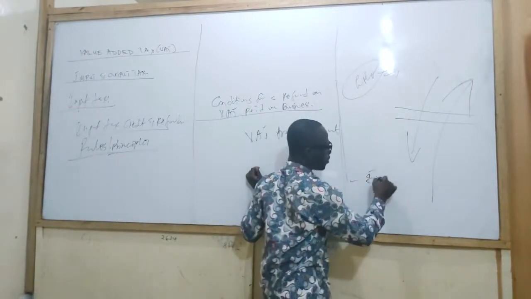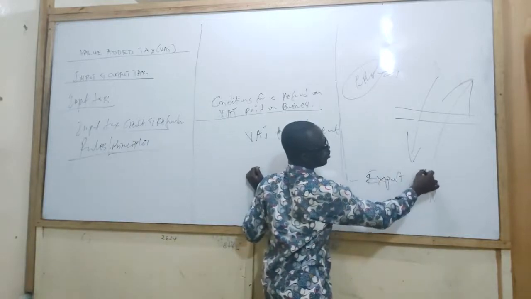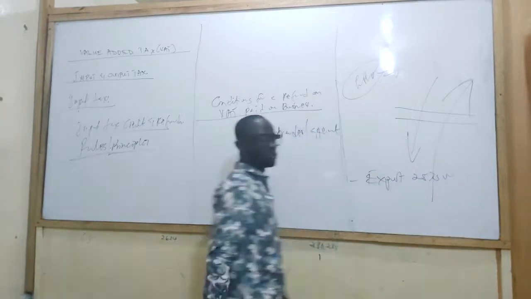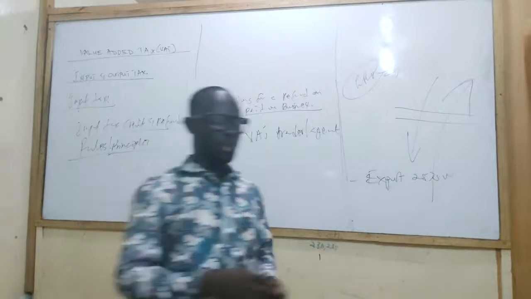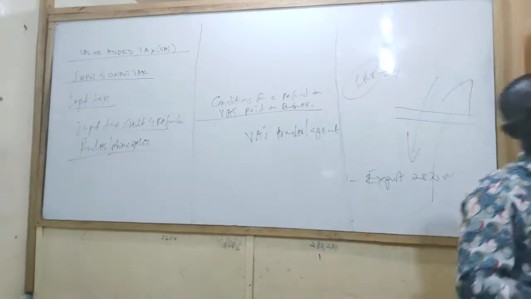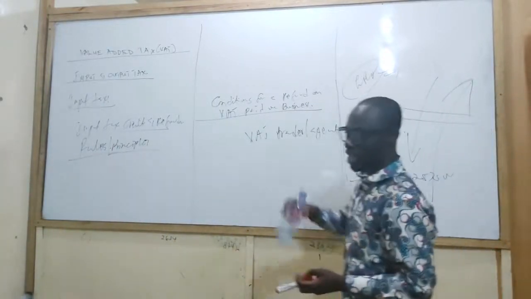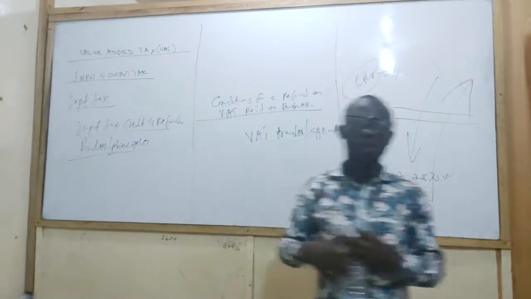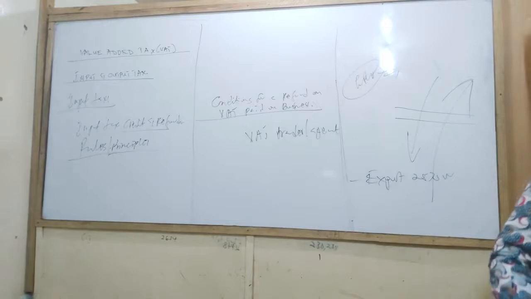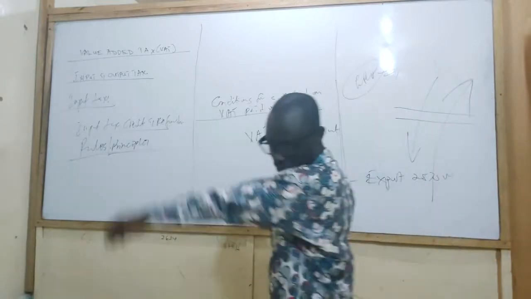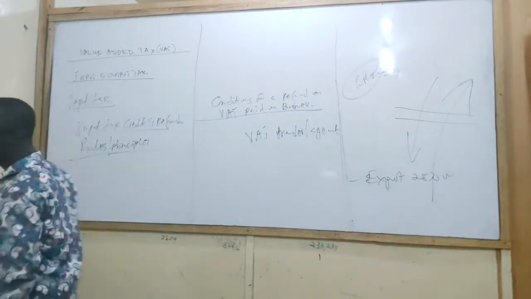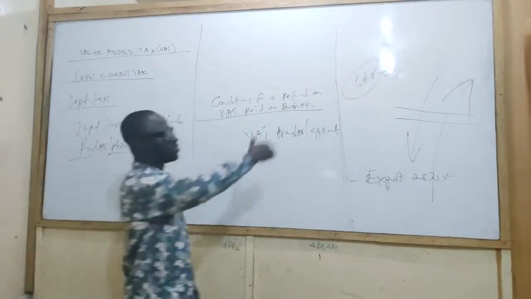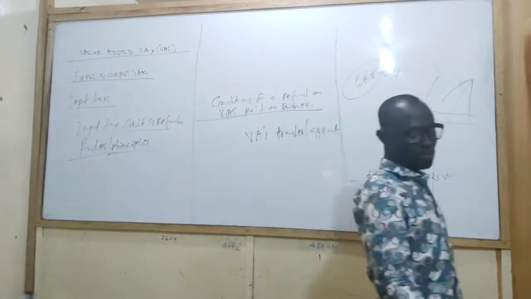So you should be exporting 25% or more of the output. If the business is exporting less than that, then you don't qualify. But why do you think that would be a critical condition in VAT? Why should the government be interested in you exporting more before you can claim your input VAT?